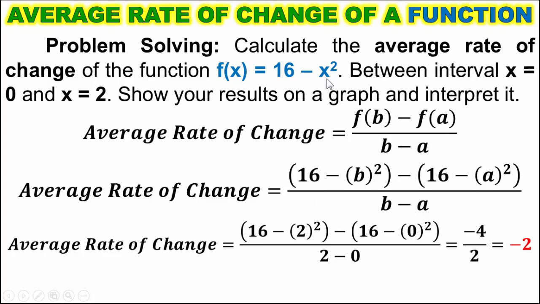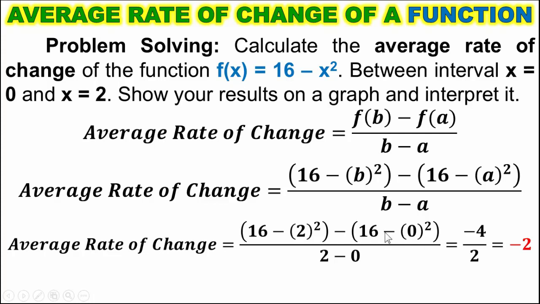This x will be substituted by the interval 2. That's why we have the quantity 16 minus 2 squared, to be subtracted by the definition of the function 16 minus x squared, where we plug in the value of the start of the interval, which is 0. So the quantity 16 minus 0 squared.